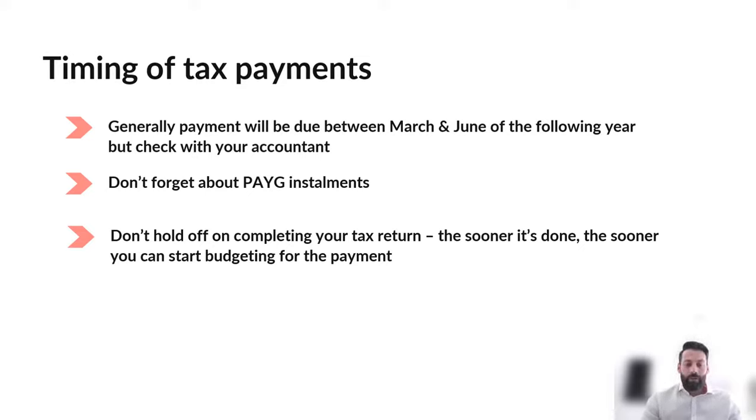Now, if you hold off on completing your return until close to the lodgement due date or payment due date, what's going to happen is you've got a surprise $100,000 bill pop up. So your tax bill is $100 grand more than you'd forecast. And so the issue there is that all of a sudden you're scrambling to find that extra $100,000 because you were budgeting for only 100, not 200. So like I said, I think completing your tax return sooner rather than later is better, but just talk to your accountant about potentially withholding the lodgement so that you can then defer the payment due date.